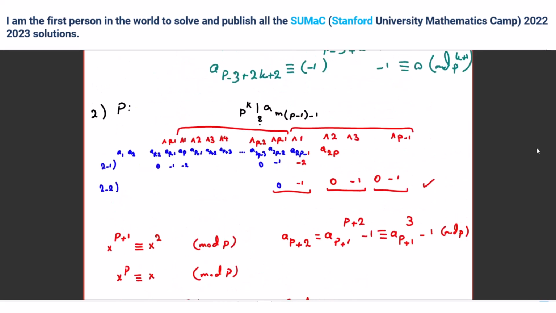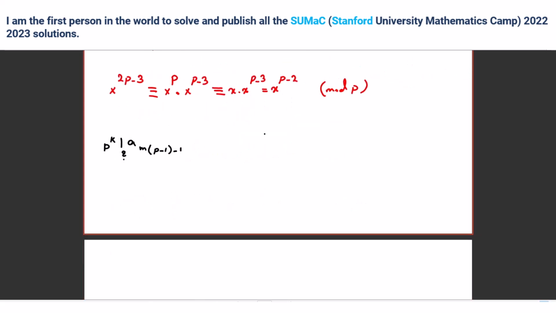Okay, now because we proved this one, we know previous to this. We should prove previous one is what? To use LTE, it is 1. So how can we prove previous one is 1? Look, we know a_{2p minus 3} is 0, right? Yeah.